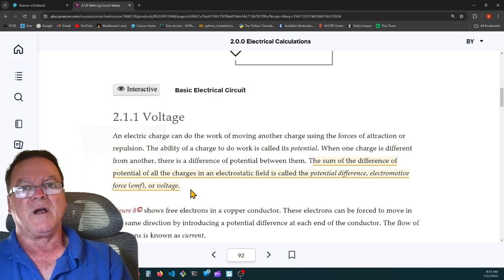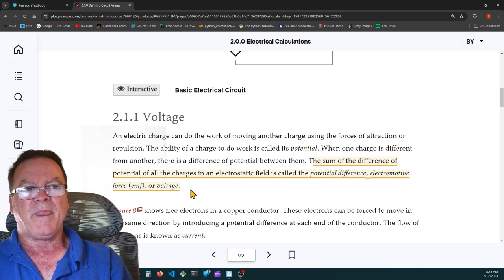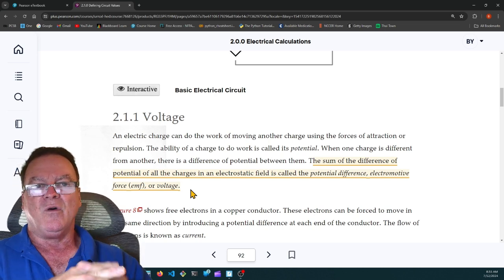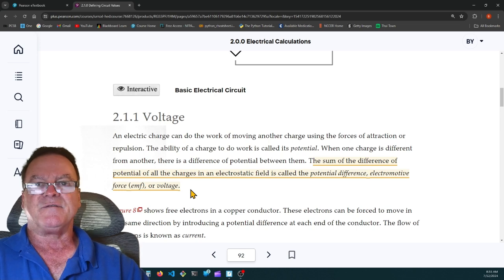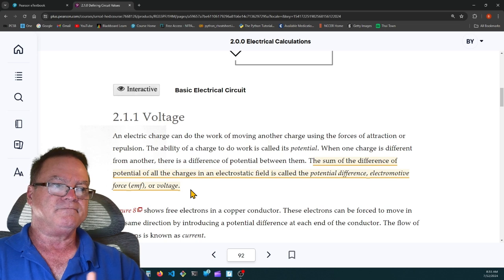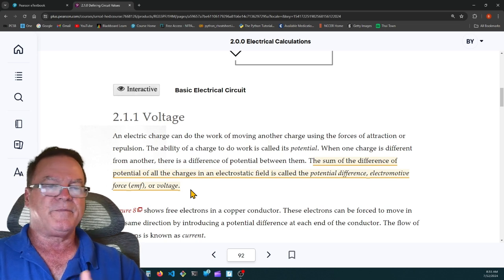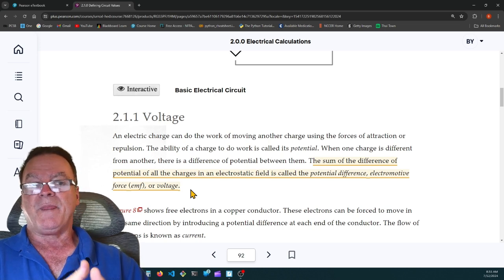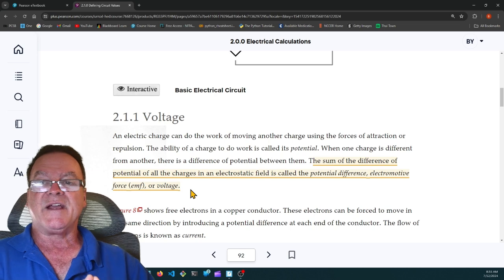This is a very important concept for you to get. Voltage does not move through a circuit. Voltage is a difference of potential. If you have 0 volts, that's the earth, the ground we stand on.